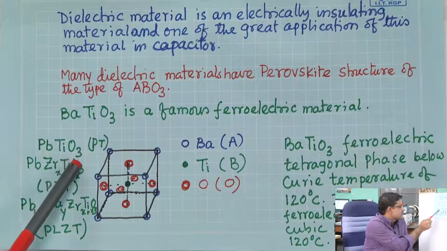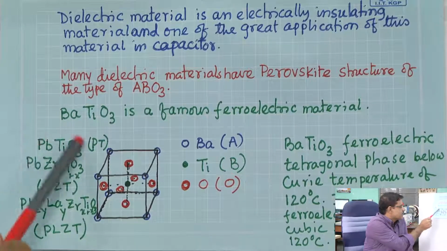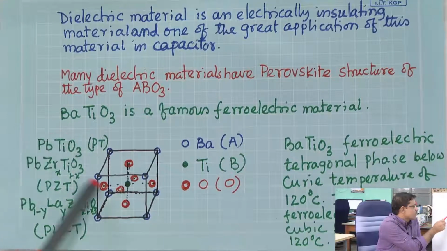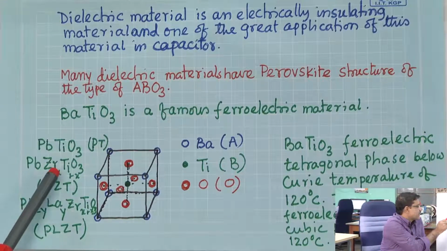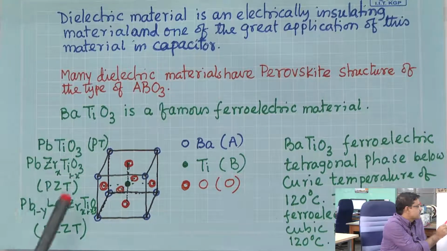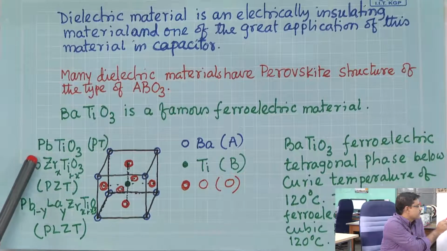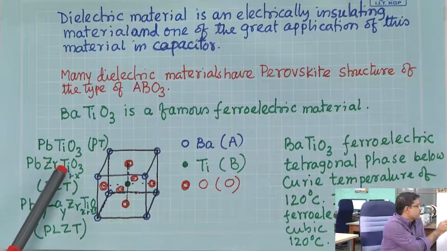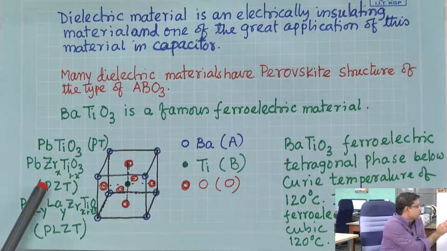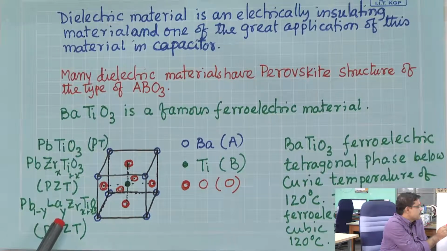It is the basic material, and doping with other materials like zirconium and lanthanum gives PZT, lead zirconate titanate, and PLZT, lead lanthanum zirconate titanate. These are of the same kind.